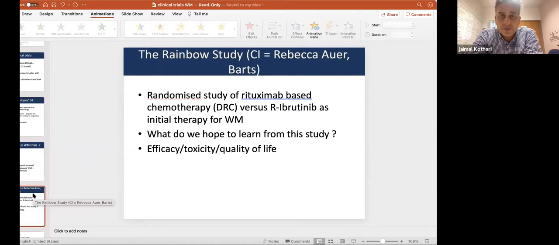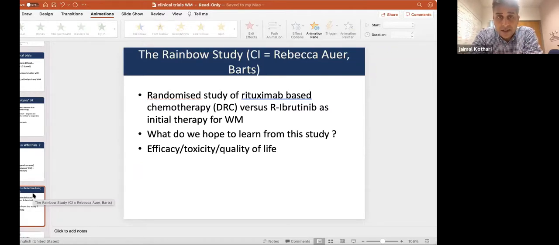So it's a combination of rituximab, cyclophosphamide and dexamethasone, DRC chemotherapy, given for 6 cycles every 3 weeks, versus a combination of ibrutinib plus rituximab. So the BTK inhibitor ibrutinib, used as frontline treatment. So this is an important study for a variety of reasons.